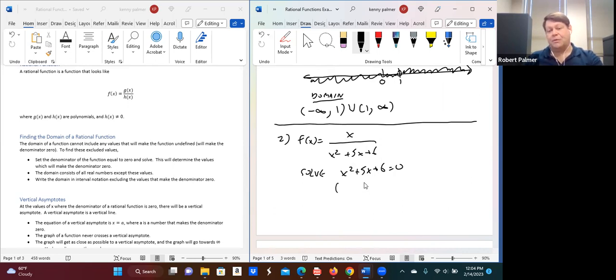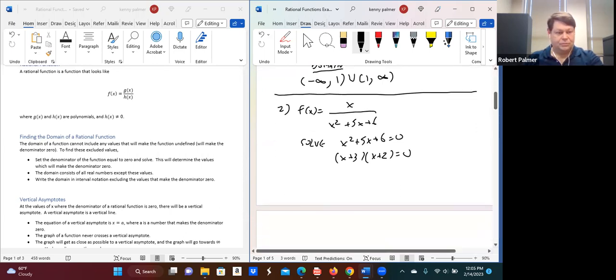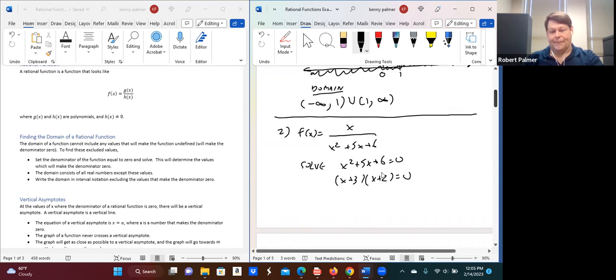And in this case, this factors. If it doesn't, you can always use the quadratic formula. This actually factors into x plus 3 and x plus 2. And then you set each one of these equal to 0 to find what makes each one 0.